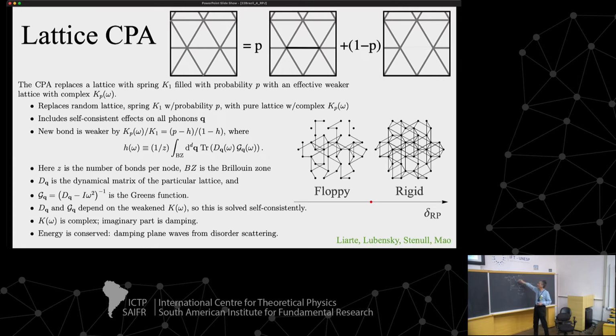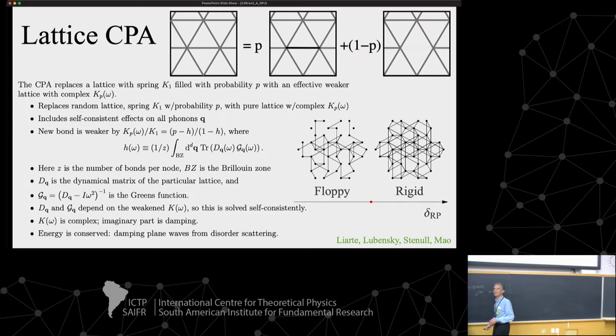And the shear modulus grows linearly. But the shear modulus is growing because I'm adding mu bonds. And so this is going to be the jamming point, and this is going to be a line of rigidity percolation points leading to jamming.